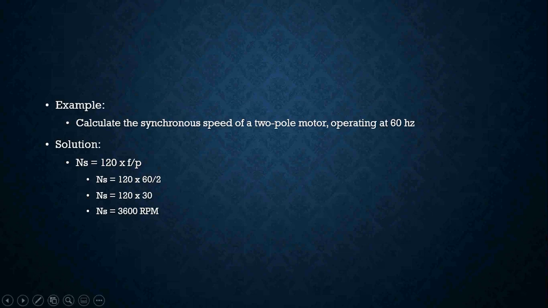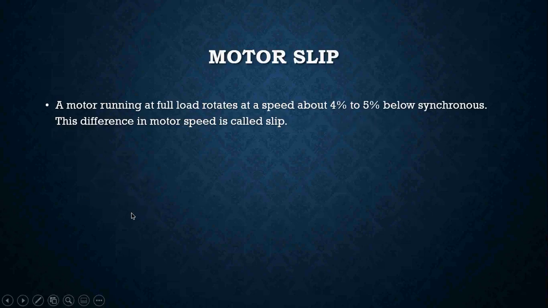Remember, we need to know the hertz and we need to know the number of poles. So we plug those numbers in, we get 120 times 30. So if we plug that in, we figure out that the synchronous speed of this particular type of motor is 3,600 RPMs. That is not what motors operate at.